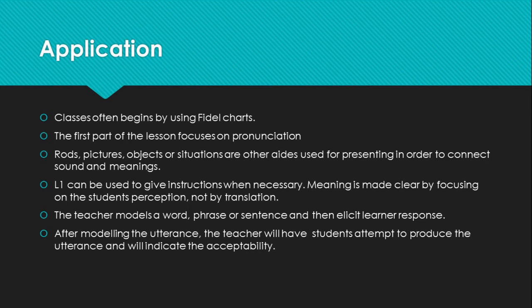Now, the teacher basically pronounces a word or maybe a phrase or a sentence, and then expects the students to make a response. After modeling the utterance, the teacher will ask the student to attempt to produce that utterance, and if it is correct, she or he will gesture to indicate the acceptability of the utterance.